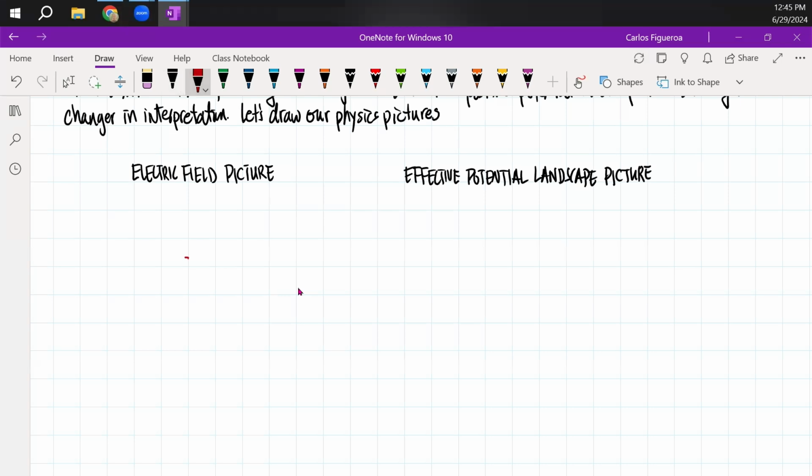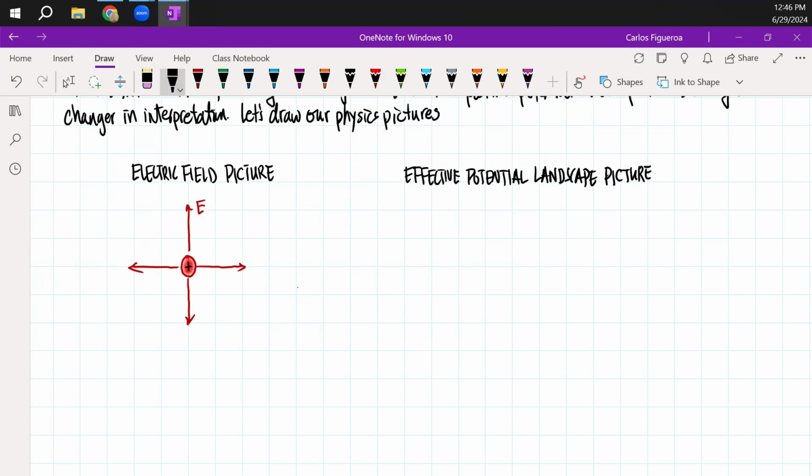If I have a positive charge, then I'm going to have a field that goes like this. That's what this electric field is.